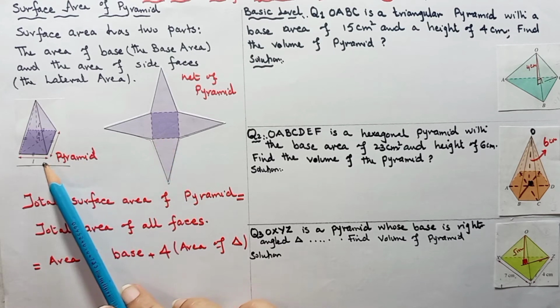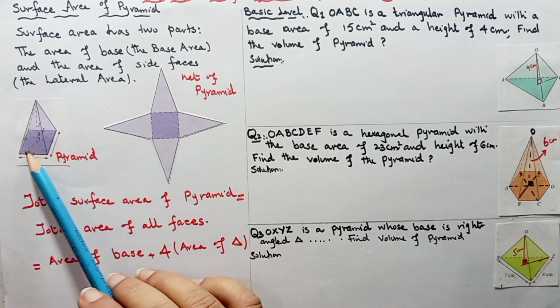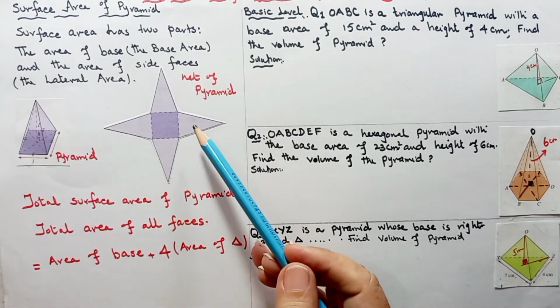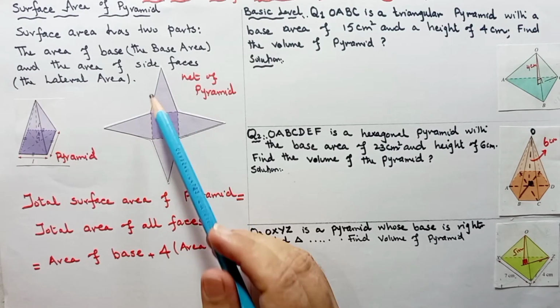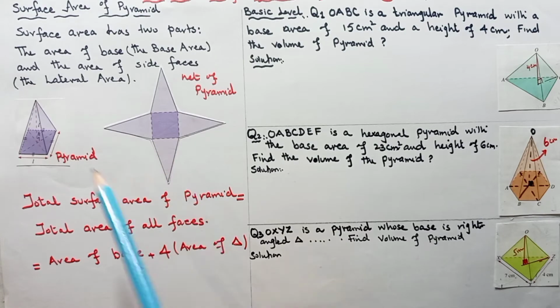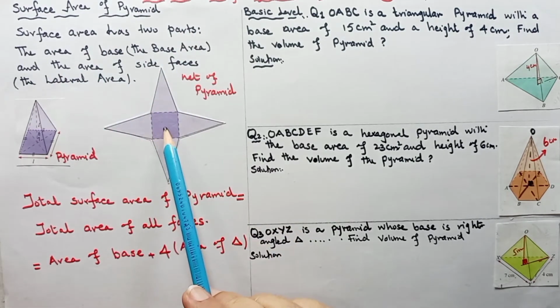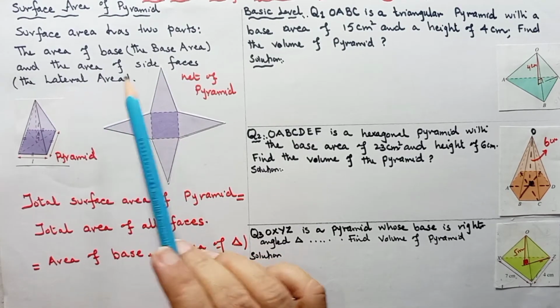When I open this solid, the square base will come at the middle place, and the 4 triangular faces will be coming at these places. The surface area has 2 parts: the area of the base, which is the base area, and the area of the side faces, that is the lateral area.